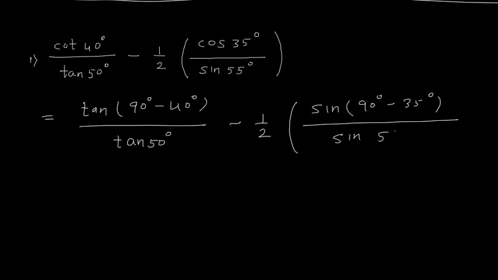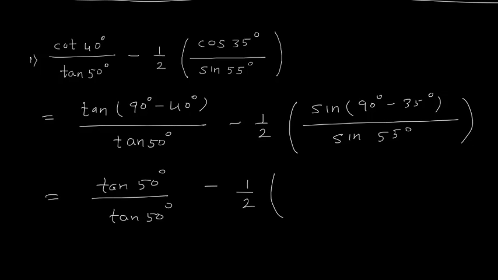Okay, so you have to change only one ratio. Either you change cos in sin or sin in cos, keep the second term as it is, and similarly here. So you get same term in numerator and denominator. Now tan 90 minus 40 is tan 50 degree and your denominator part is tan 50 degree. So they will cancel. Here it is minus half.